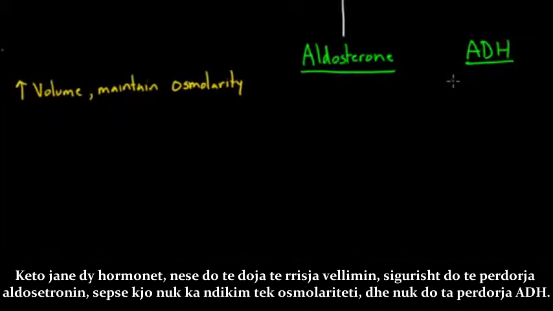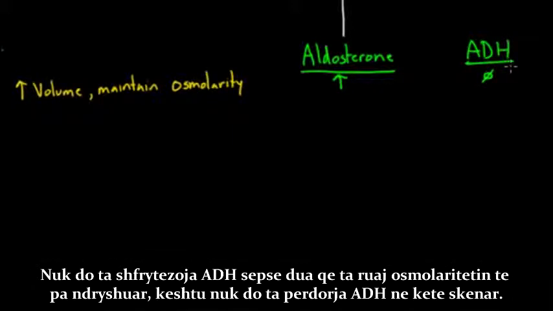So if these are the two hormones, if I want to increase volume, I would definitely use aldosterone because that doesn't affect osmolarity. But I would not use any ADH. I'll put a little circle with a line through it. I would not use ADH because, again, I want to maintain osmolarity. So I would really not want to use ADH in that scenario.